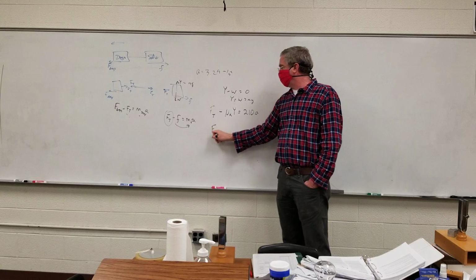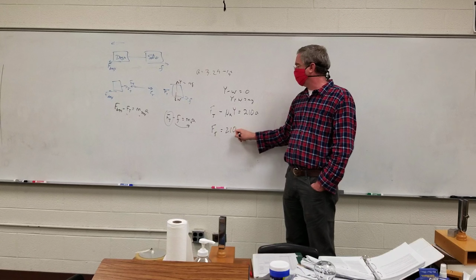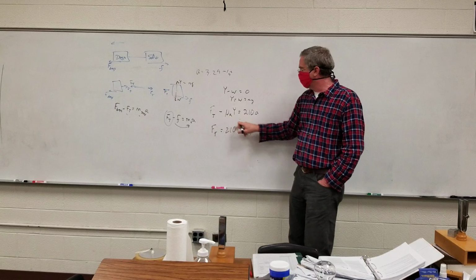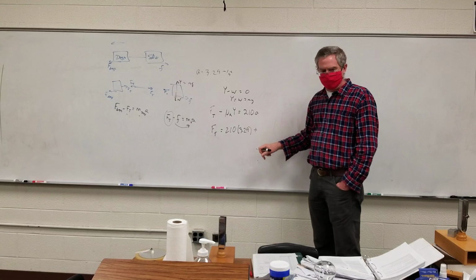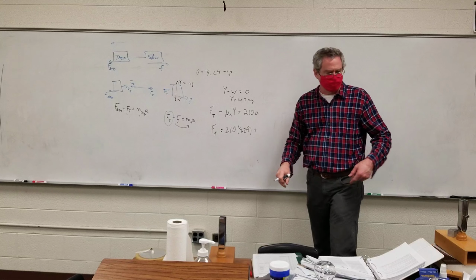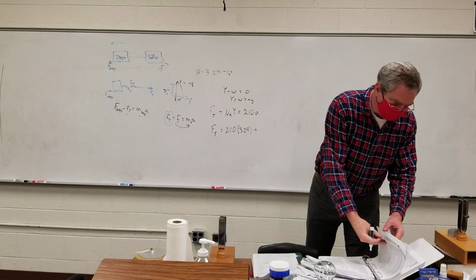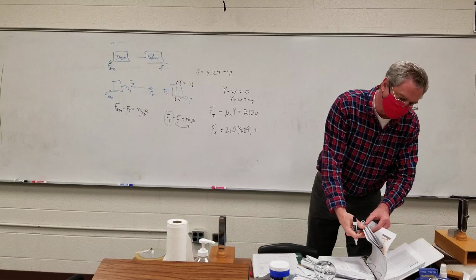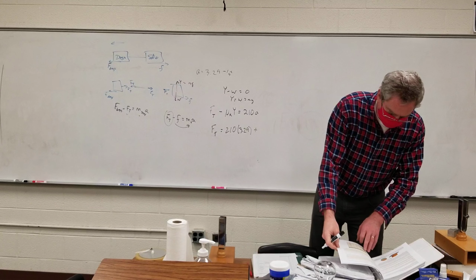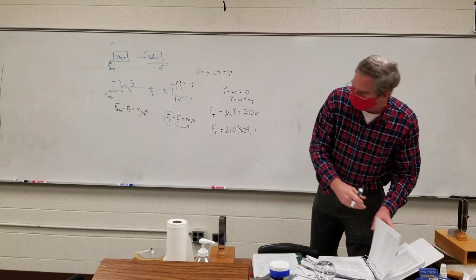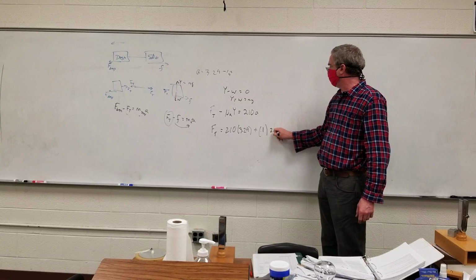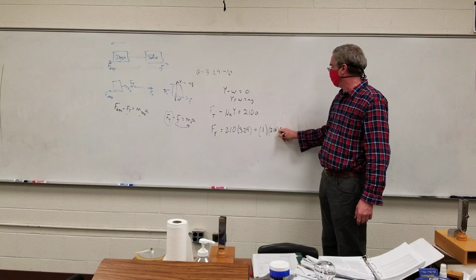So my tension is 210 times the acceleration plus mu k, whatever that value is, which, if my memory serves me correctly, is on page 175. That was waxed wood on wet snow, that's 0.1, times 210 times 9.8.